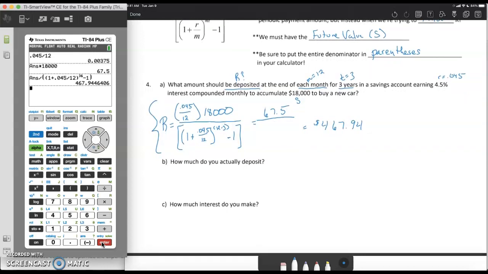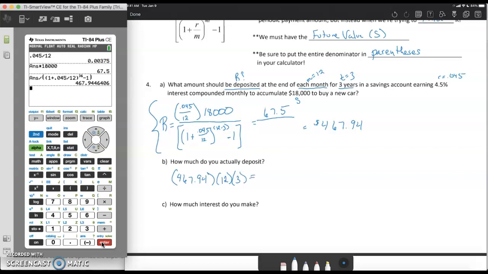Now, these follow-up questions, or again, if you're asked for anything else other than the future value, present value, or now the big R, the periodic payment, then you probably need like multiplication, division, subtraction, something like that. So how much do you actually deposit? Well, you deposit $467.94 every month, so times 12 for 3 years, so times 3.